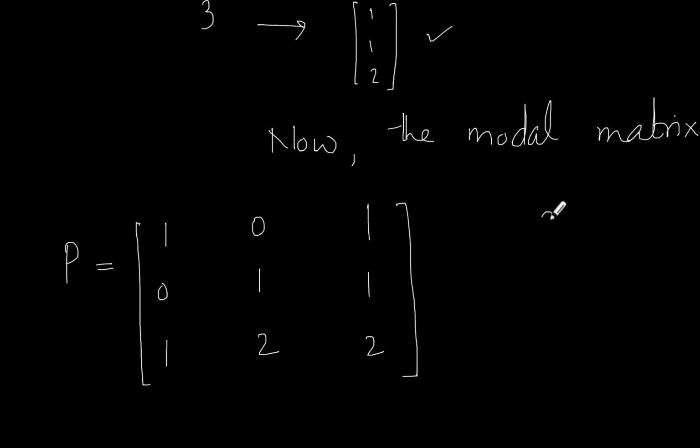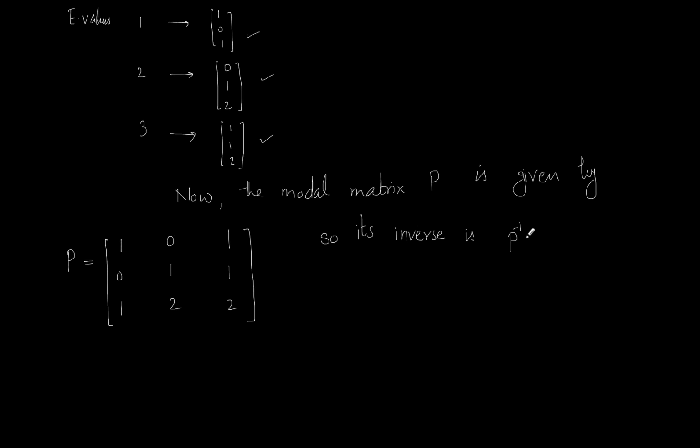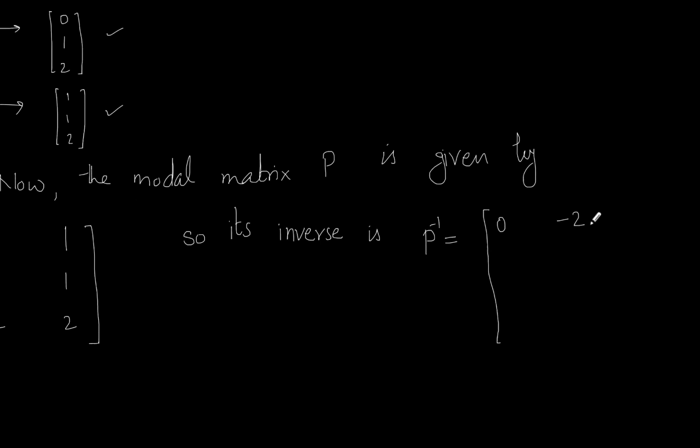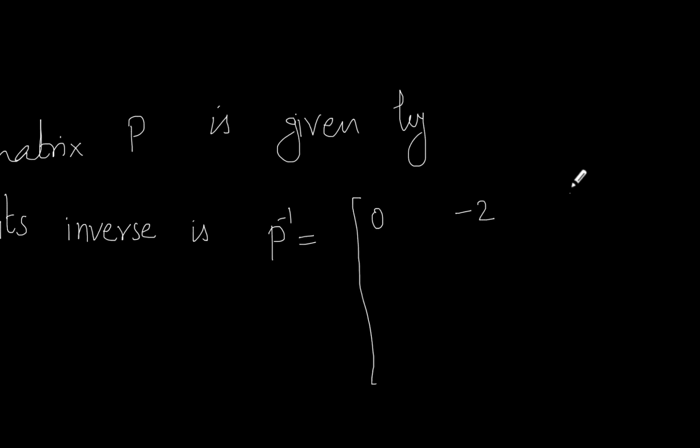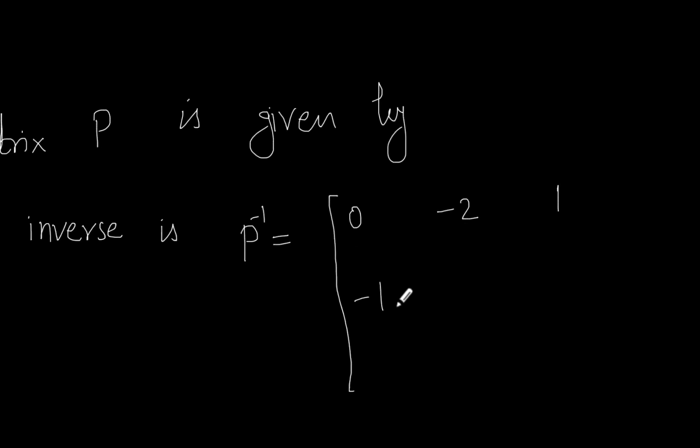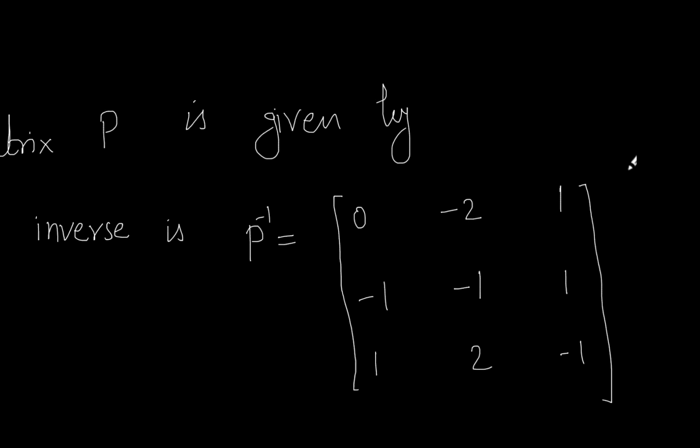You can find its inverse easily. I am not showing the calculation here, but you can find it very easily. The inverse of P comes out to be 0, minus 2, 1, minus 1, minus 1, 1, 1, 2, and minus 1. So this is the inverse of the matrix P.